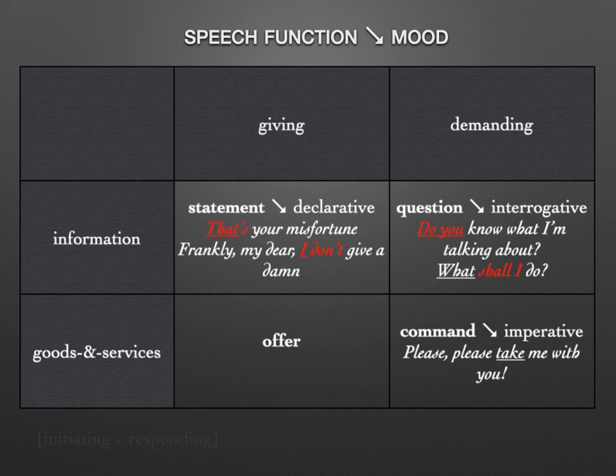What shall I do? What about the imperative? Well, your typical, most common imperative tends to have neither subject nor finite. It just has the rest of the verb, which we call the predicate, in this case, take. So that's a first sketchy outline of the mood system of English, underpinned by its semantic principles.